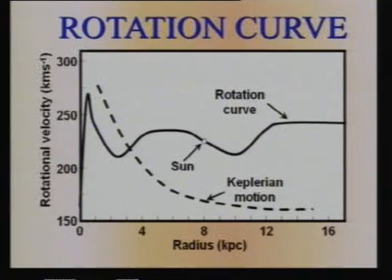In fact, it has been estimated that the missing mass may be as much as 10 times the mass that we see. That means 90% of the mass of the galaxy is such that we cannot see. It does not glow. What we see is only 1/10 of the mass of the galaxy.